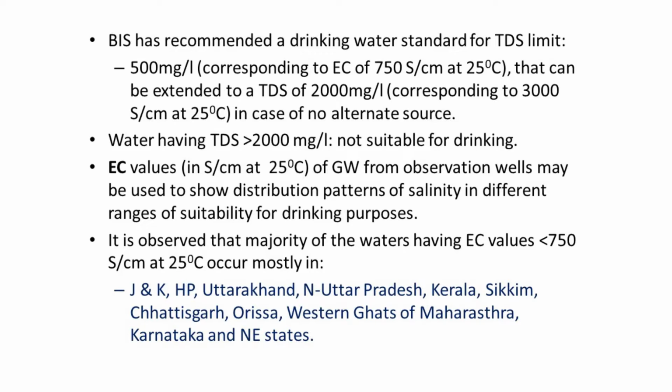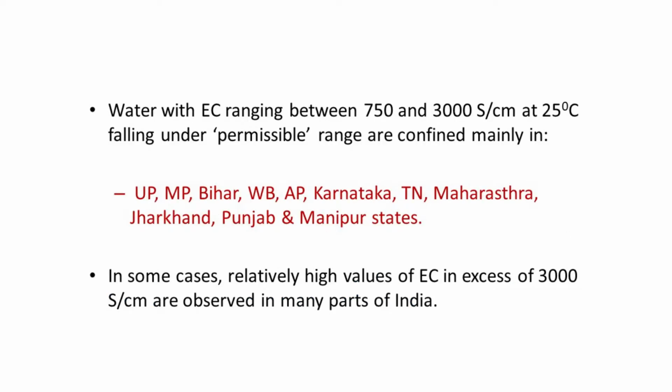It has been observed that the majority of waters having EC values less than 750 µS per centimeter at 25 degrees Celsius occur mostly in a few states of our country, and these states are Jammu and Kashmir, Himachal Pradesh, Uttarakhand, northern part of Uttar Pradesh, Kerala, Sikkim, Chhattisgarh, Orissa, and the Western Ghats of Maharashtra, Karnataka, and the northeastern states.